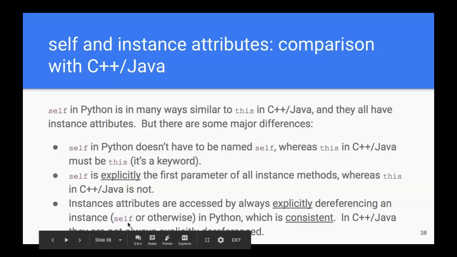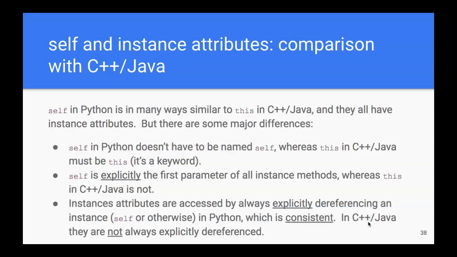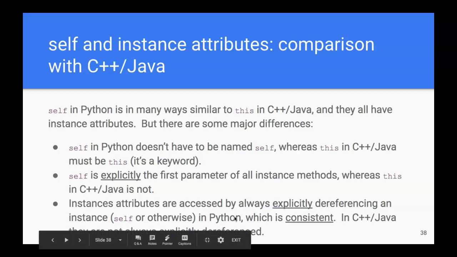That instance can be self or whatever name you assign an instance to. It can be a variable. That's good because it's very consistent: you never access an attribute without an instance. In C++ or Java, it's not always that way. Sometimes, even if you just reference a name, it could be a local variable or an instance attribute. So in that way, Python is, in my opinion, better designed.